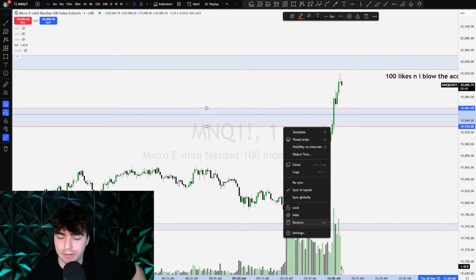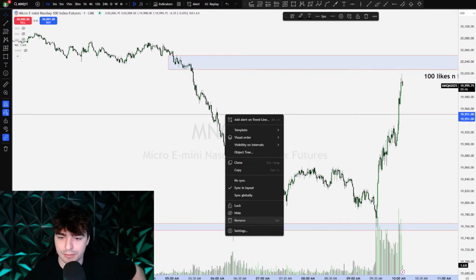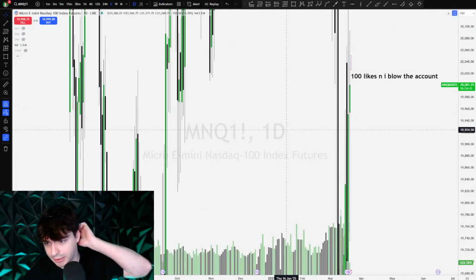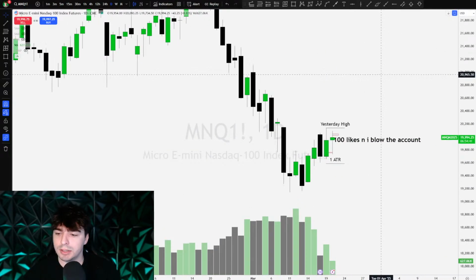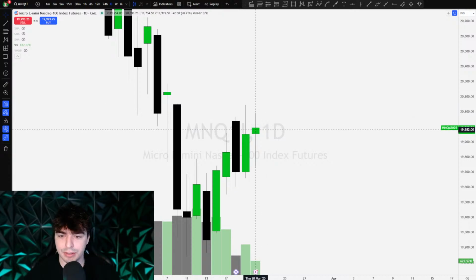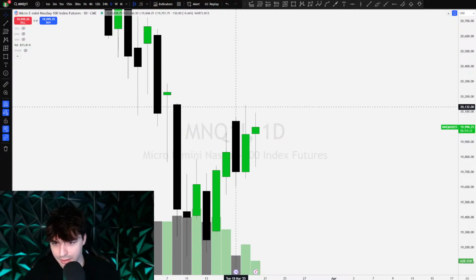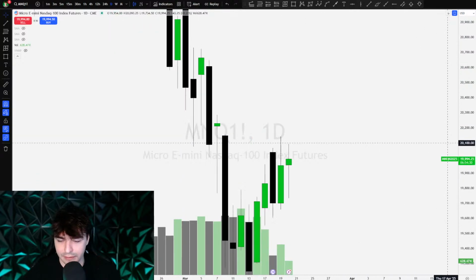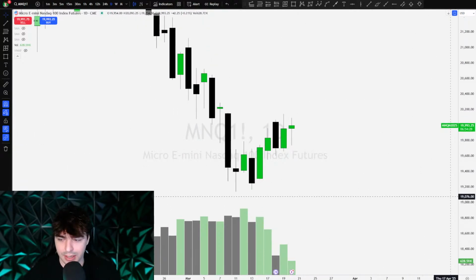I'm going to get rid of this level here because it's not really relevant. We're trading above yesterday's close. Let's go to the daily chart here. So we got yesterday's highs right up here. We're kind of just in a range candle right now. Usually, every day we take out either a low or a high from the previous day.